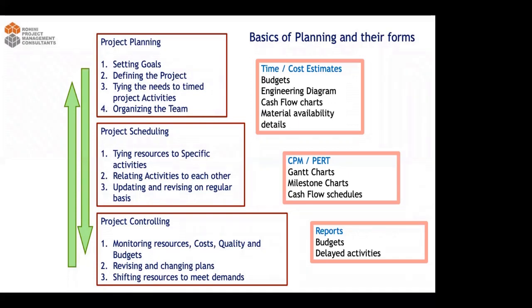Now, what you prepared earlier as an estimate will be translated into a much more refined version of a Gantt chart, milestone chart, or cash flow schedules. All this will start fine-tuning your outputs.